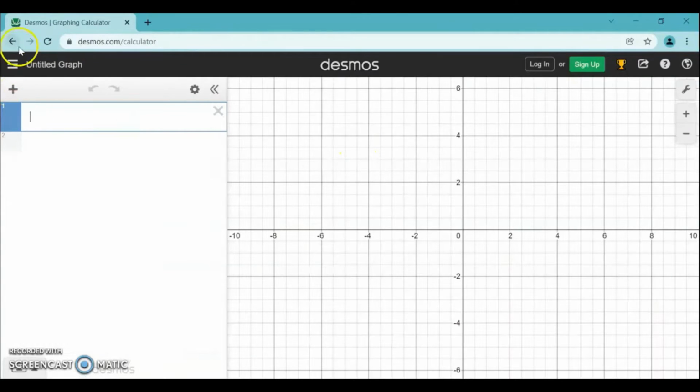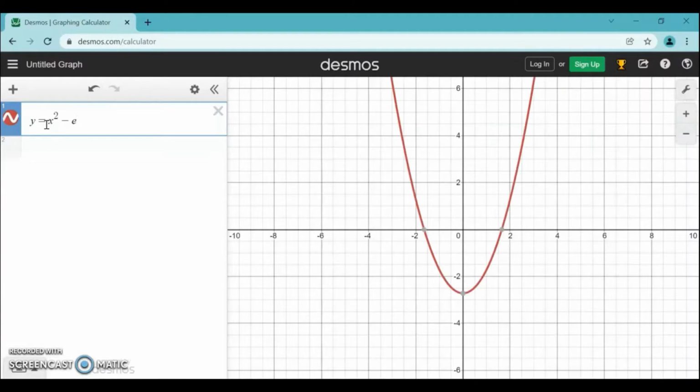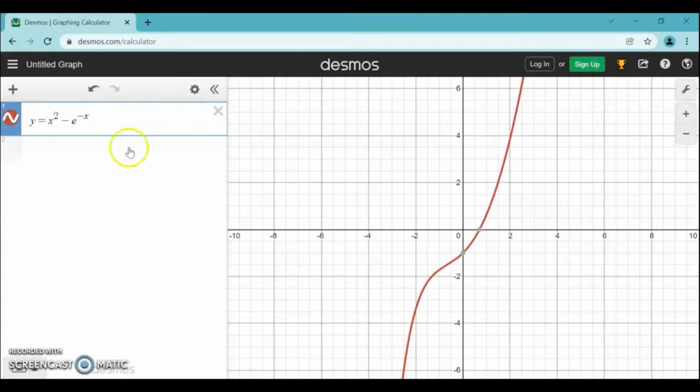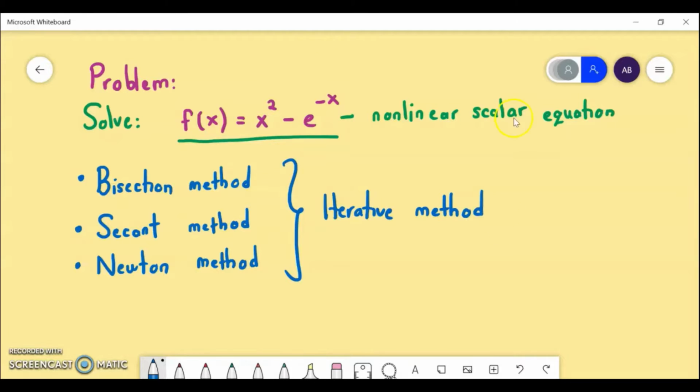There you go, this is the one we want. So let's put the graph y equals x squared minus e to the power of negative x. This is what the graph looks like for this problem.